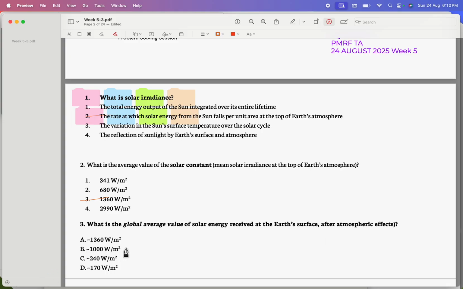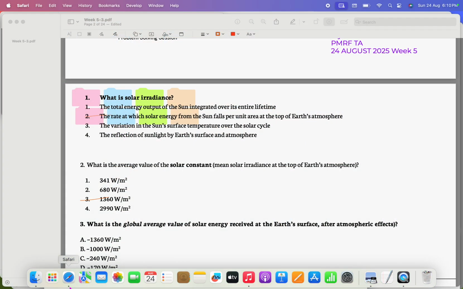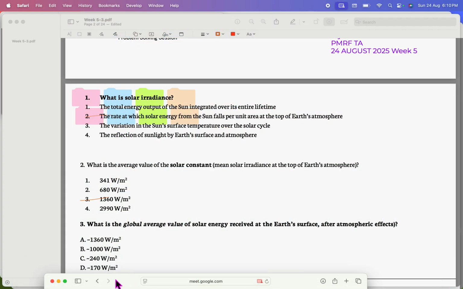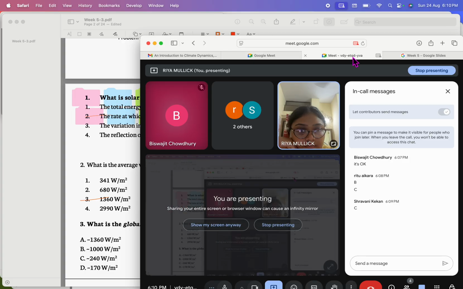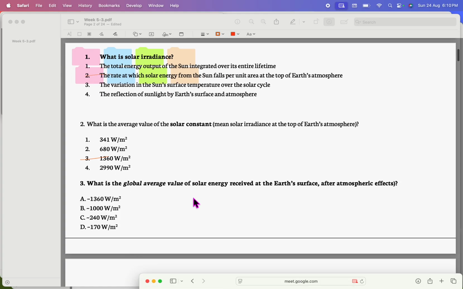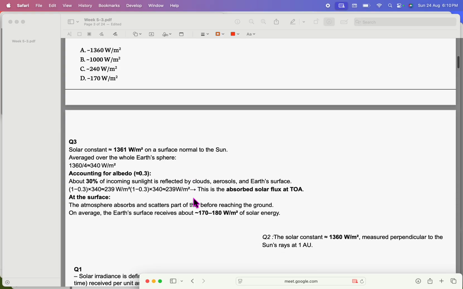First is 1360 watt per meter square, 1000 watt per meter square, 240 watt per meter square, and option D is 170 watt per meter square. This question is giving an answer of 170 to 180 watt per meter square.